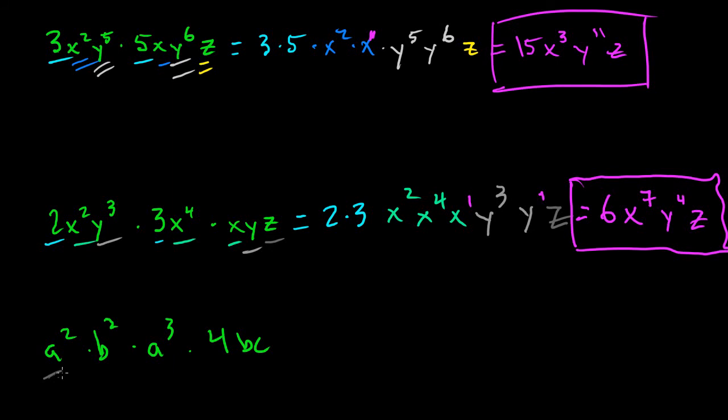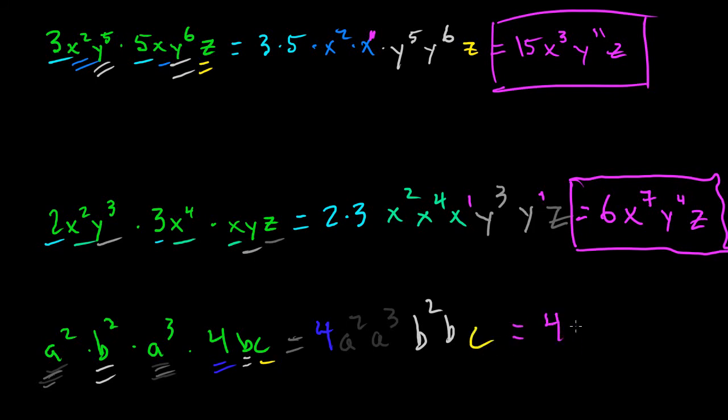In the last expression, we'll start by rearranging so that we'll start with the 4. Then we'll take all of the a terms, a squared times a to the third, the b terms, b squared times b, and our c, and multiply them together.